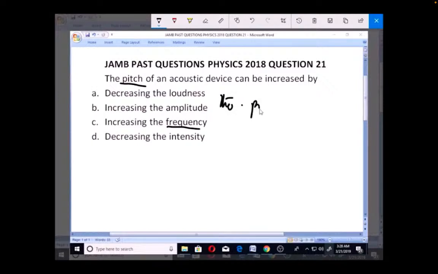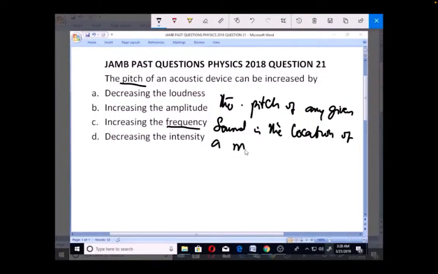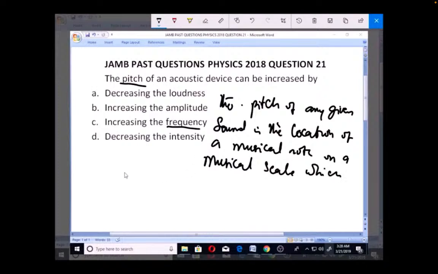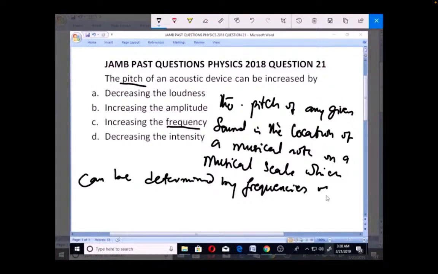We can say that the pitch of any given sound is the location of a musical note on a musical scale which can be determined by frequencies of the sound made.